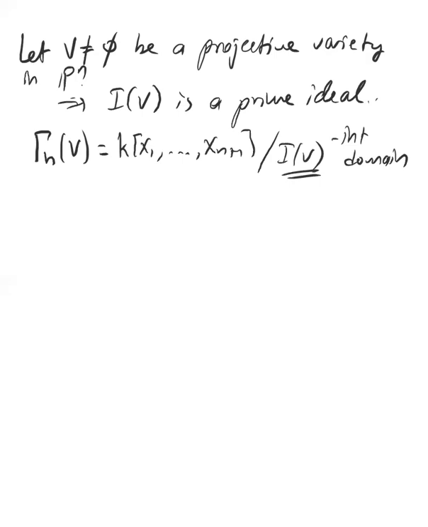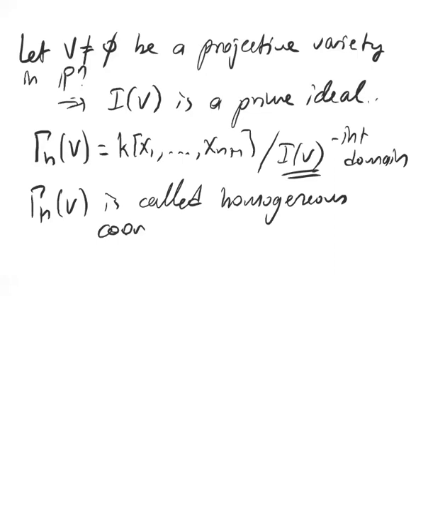Gamma H is called the homogeneous coordinate ring of V.